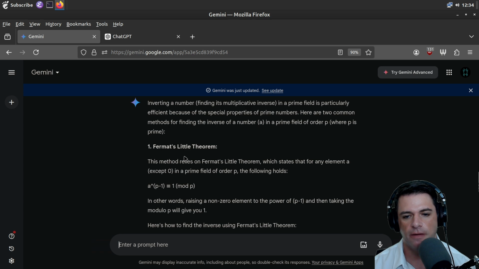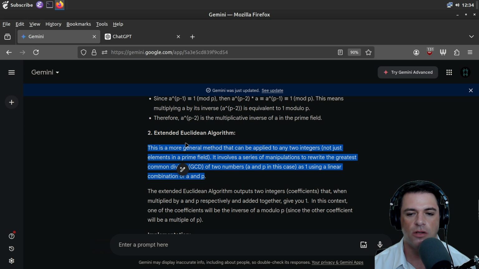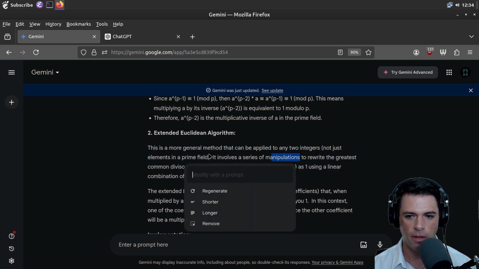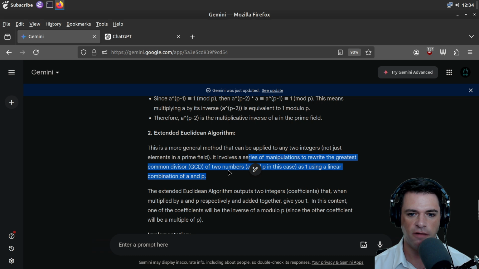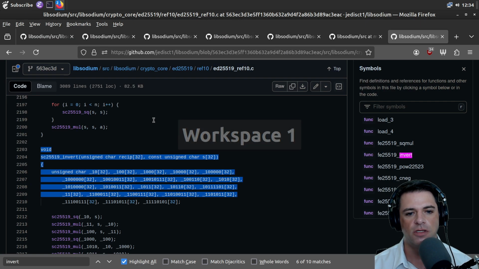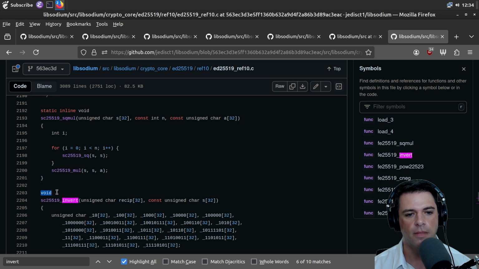So we've got Fermat's theorem: you can raise it to the p minus 1 power. Then the extended Euclidean algorithm, a more general method that can be applied to any two integers, not just elements of a prime field. It involves a series of manipulations to rewrite the greatest common divisor of two numbers, a and p in this case, as a linear combination of a and p. Let's see if this code is doing some version of the Euclidean algorithm.